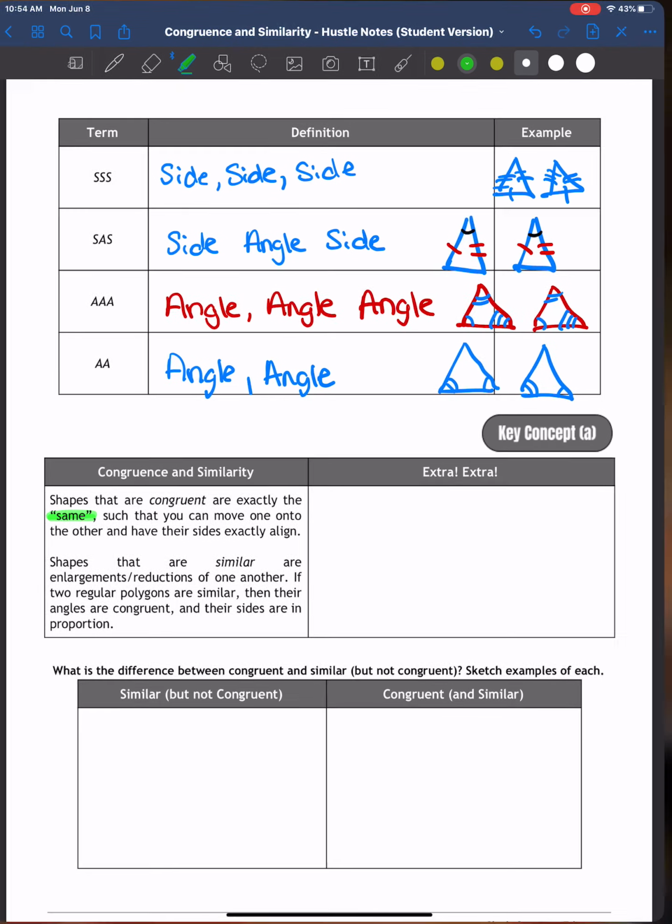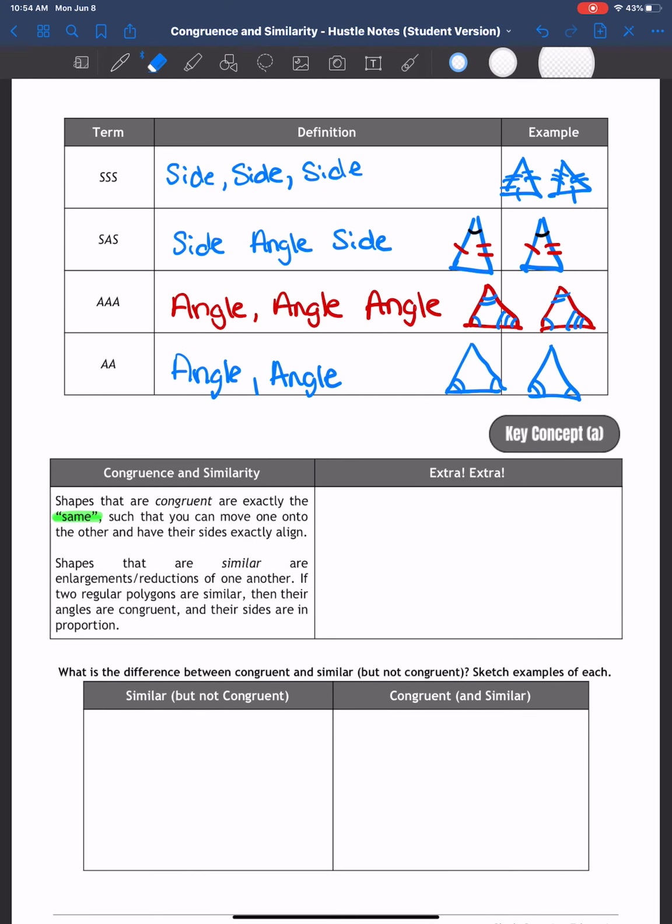Shapes that are similar are enlargements or reductions of the other shape, which means they won't be the same size. Shapes can be congruent even if you have to rotate, flip, or reflect.